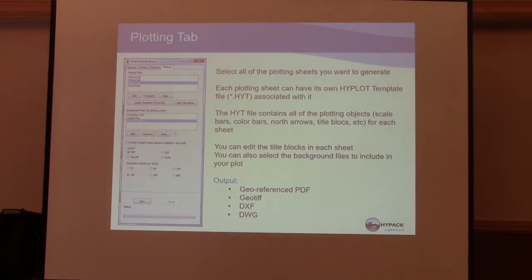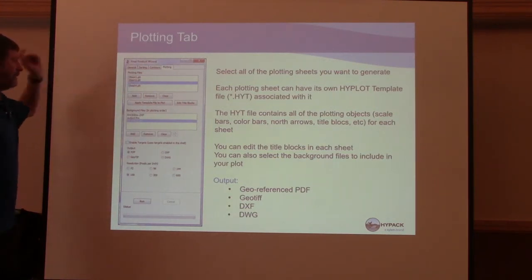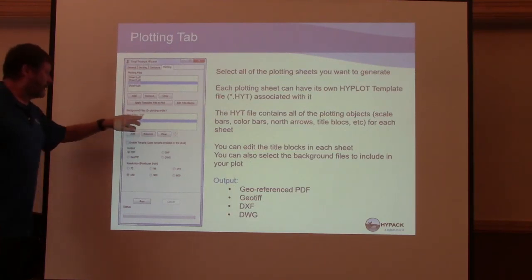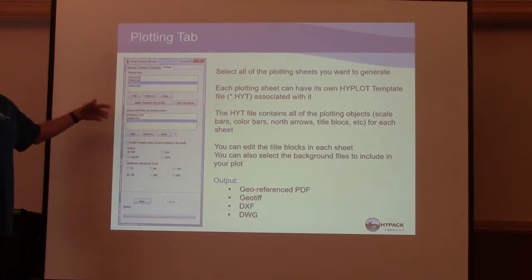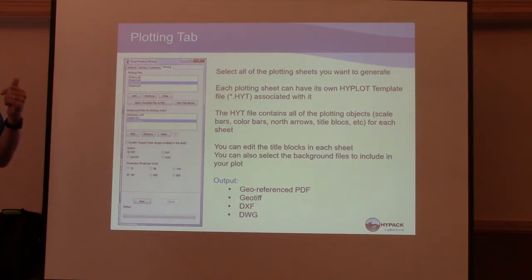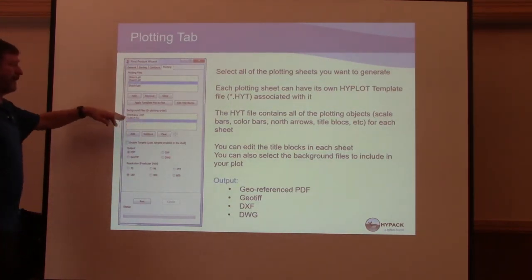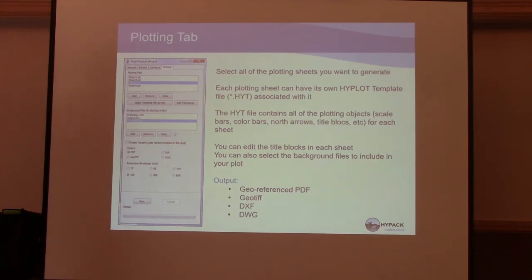And then this last tab here, these are the main tabs. Like I said, is the plotting one, where I can load up all the plotting sheet files. By default, it's going to display the background files that you have set up in your main projects. But you could enable or disable background files that you might not want to send to your final products.